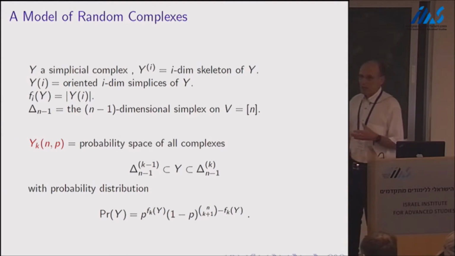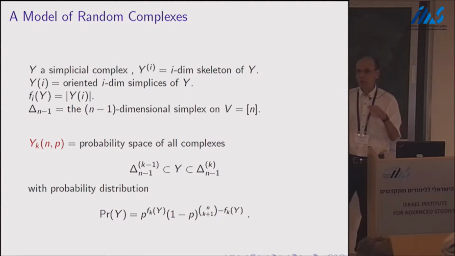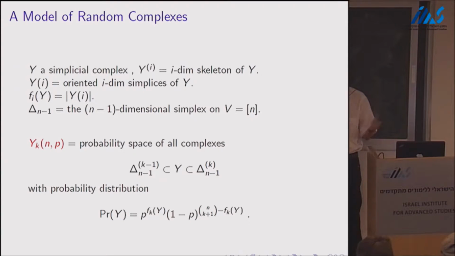So let's think about the evolution of this space. When p is equal to 0, then we don't have any k-simplices, so it has huge (k-1) homology. And as we are adding k-simplices to the complex, we start to kill, so to speak, (k-1) homology, until, obviously, when we have the full k-skeleton, there is no (k-1) homology.